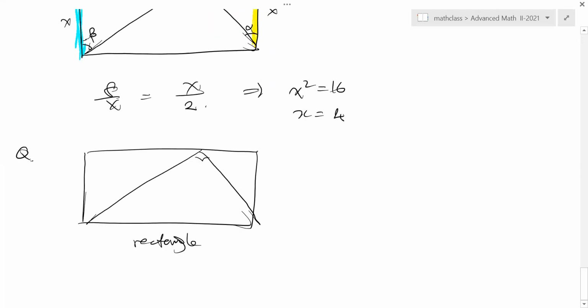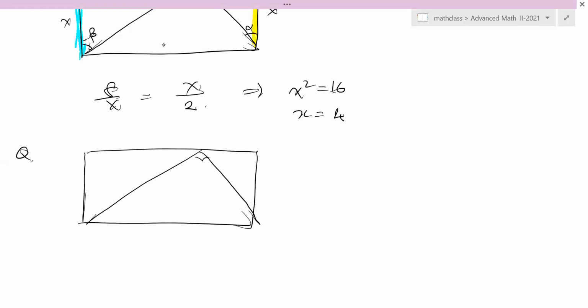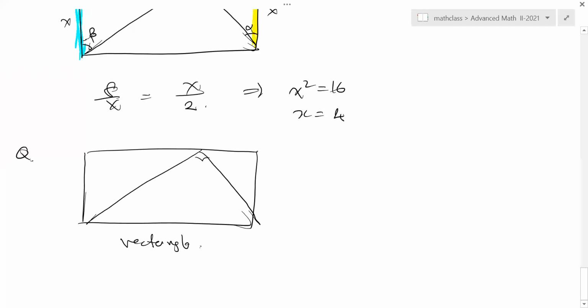This is a rectangle. So what are we given? This side is A, this side is B. I'll say A is 4, B is 5. That's typical, right? And C equals 3. Given this information, can you find the area of the rectangle?